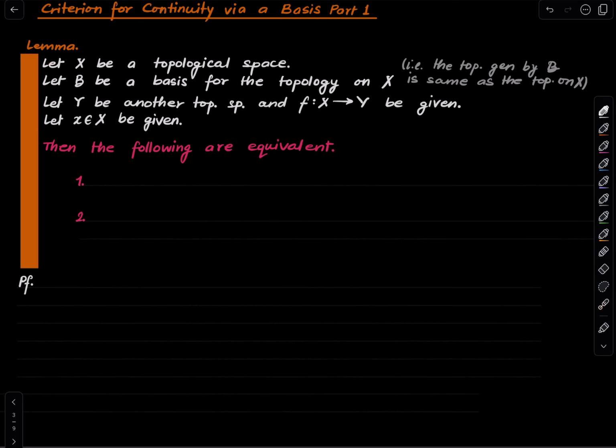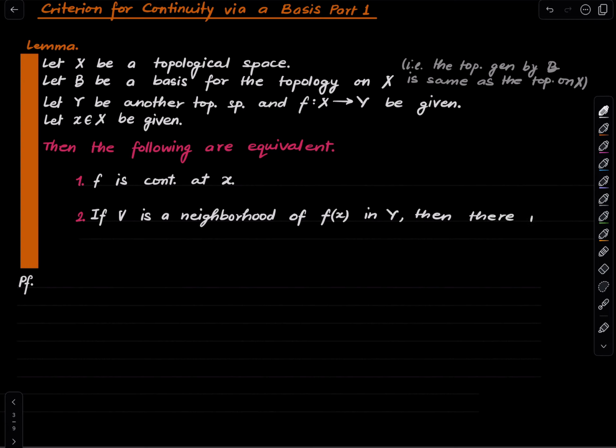The first is that F is continuous at X, and the second is: if V is a neighborhood of Fx in Y, of course, then there is a basis element such that it contains X and its image is contained in V.